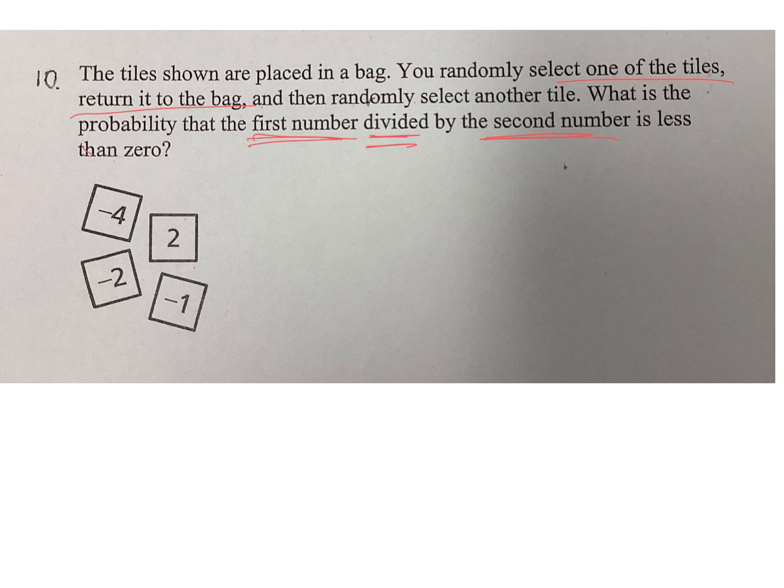Okay, so we have 4 numbers here. When I pick one the first time, it's 1 out of 4. Then I put that one back and pick another one, and it's 1 out of 4. So my total possibilities is 16.